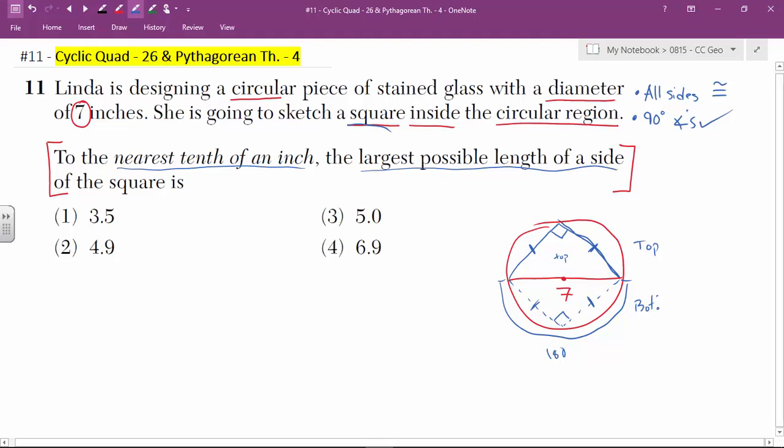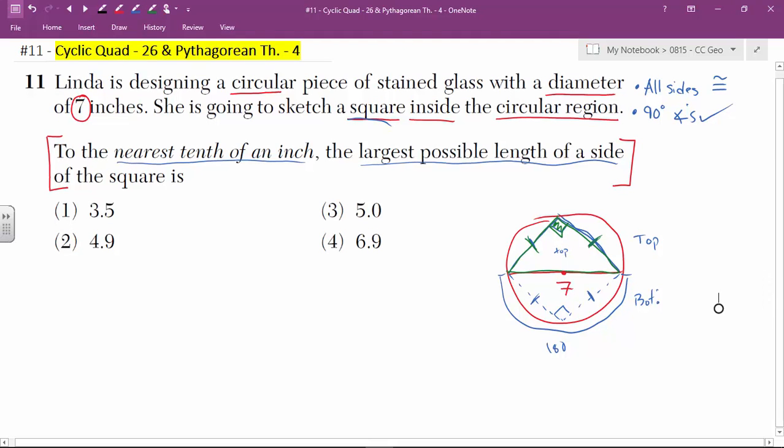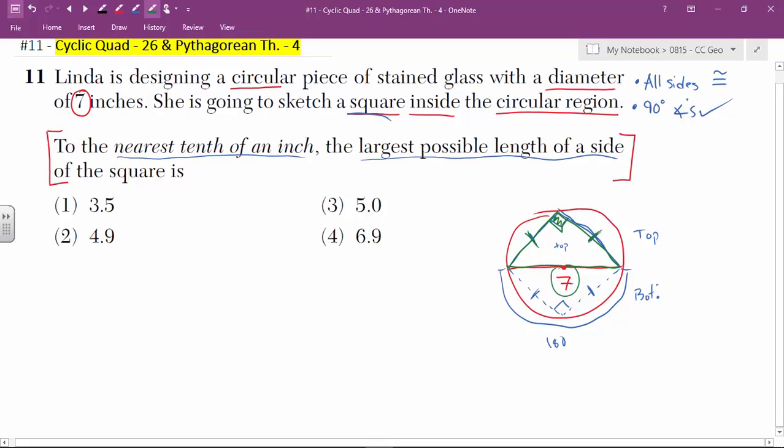So if you look here, the shape we have, and I'll trace it out in green, we have a right isosceles triangle. And I know my hypotenuse is 7. And I don't know my leg. I could call that x.